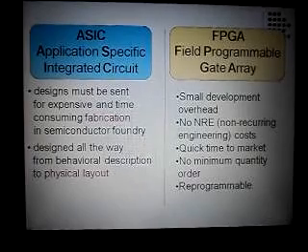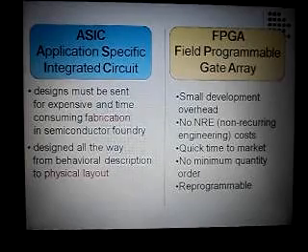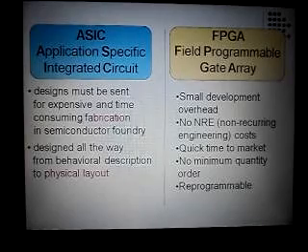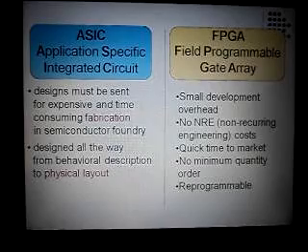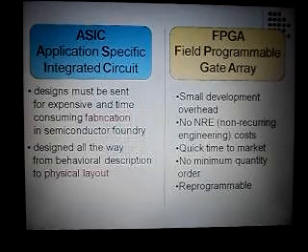ASICs are very expensive compared to FPGA because the design must be sent for expensive and time consuming fabrication in a semiconductor foundry, from the design idea to the actual implementation. This is a problem with ASIC because in FPGA there is nothing like that. Designs all the way from behavioral description to physical layout are done in a semiconductor foundry, and it costs them very much.